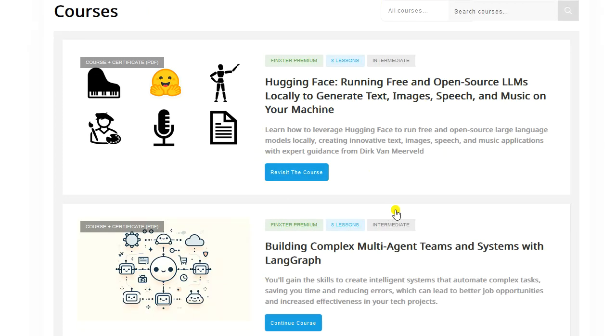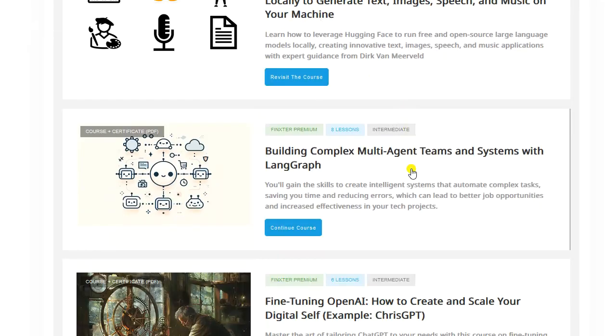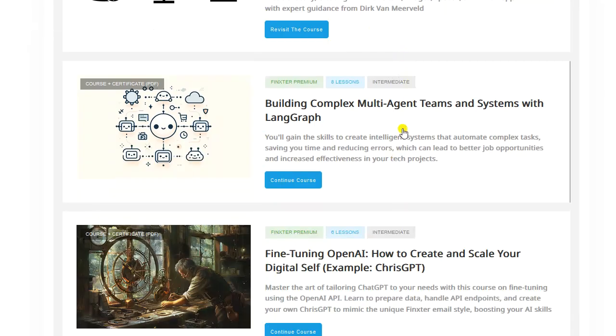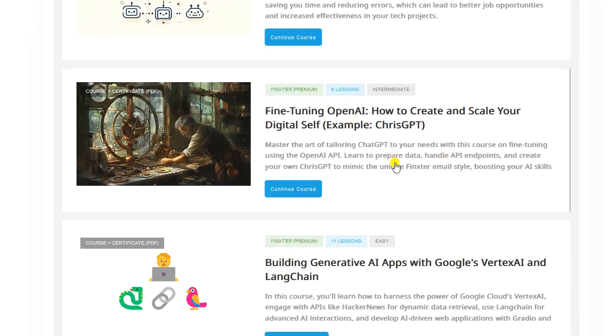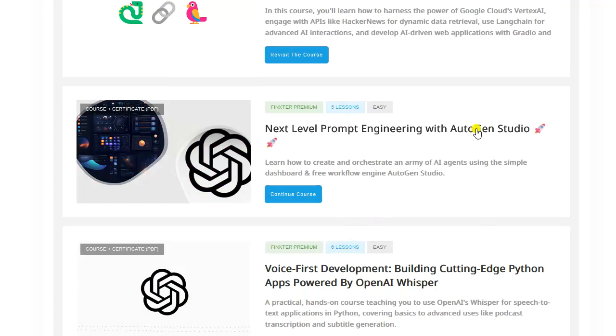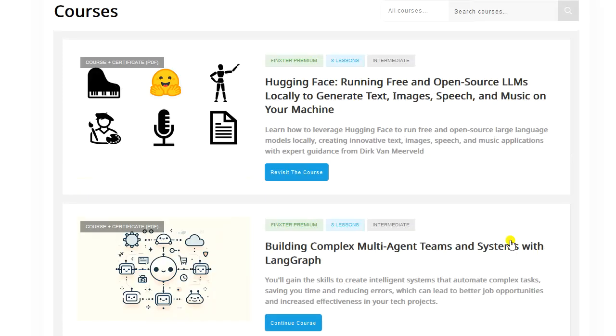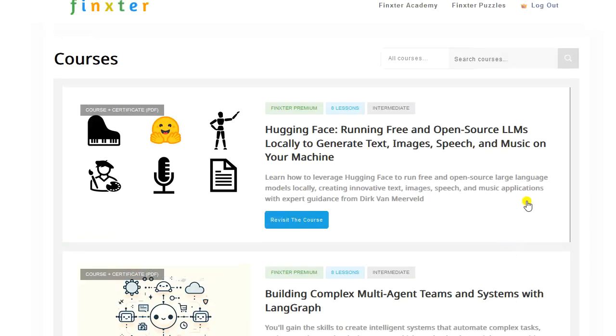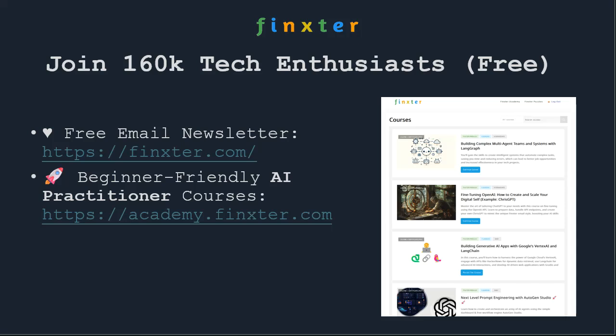And also how to use more powerful GPUs in the cloud, how to build complex multi-agent teams and systems with LangGraph, how to use OpenAI's API, building generative AI apps using Google's Vertex AI, LangChain, prompt engineering, AutoGen Studio, Voice First, OpenAI, Whisper. Basically how to integrate AI into your applications, so you can scale up your value proposition. So join us.